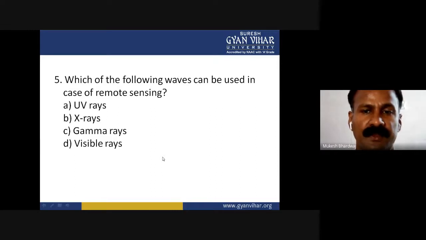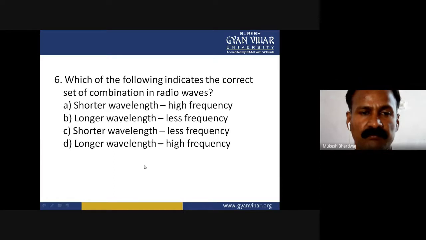Which of the following waves can be used in remote sensing? Ultraviolet rays, X-rays, gamma rays, visible rays. Which of the following indicates the correct set of combination of radio waves?